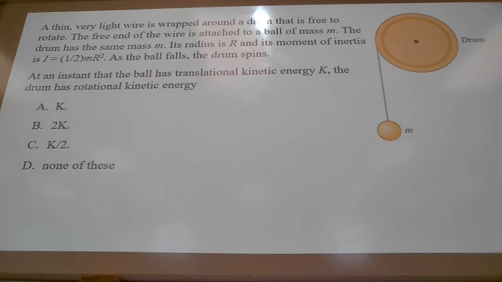Both of them have the energy, right? Oh wait, yeah, they don't have to be the same. But your normal kinetic energy is just going to be 1/2 mass, and then you sub the velocity for angular velocity squared.